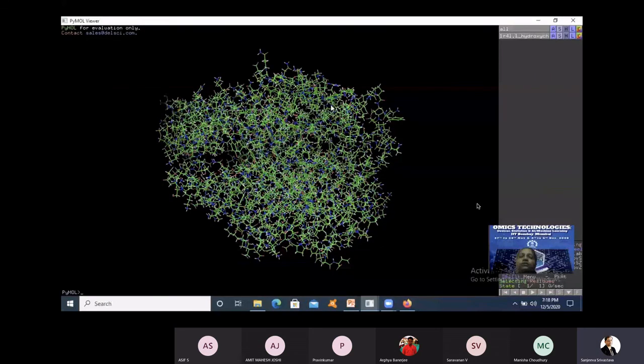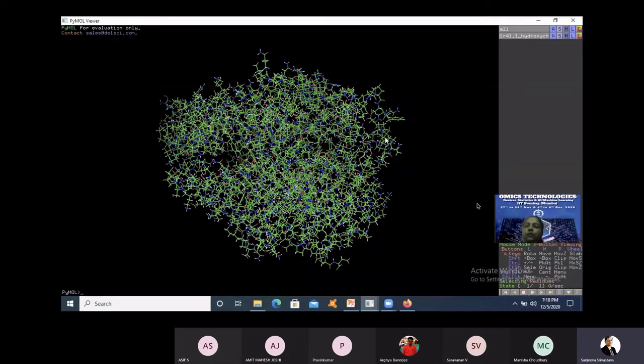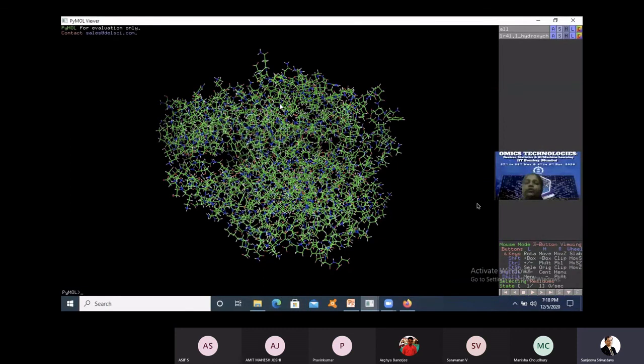If you see the screen, this is the ACE2 protein, and this particular protein is actually bound to hydroxychloroquine. If I see this protein like this, I cannot get any information.